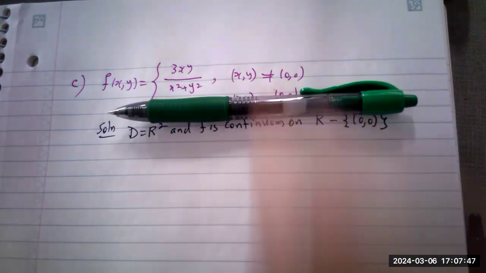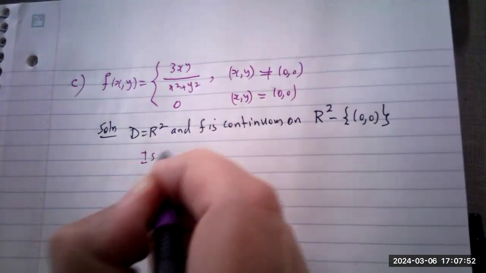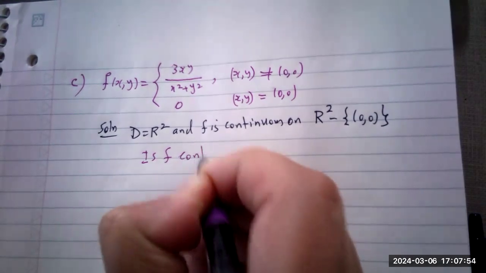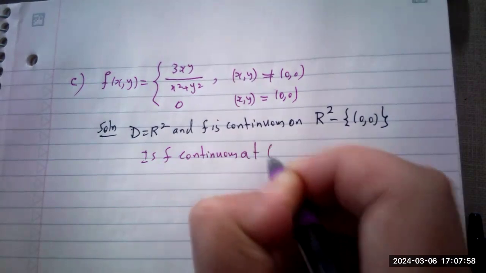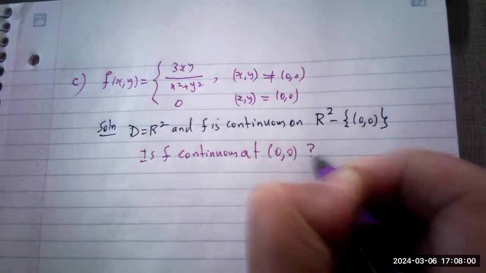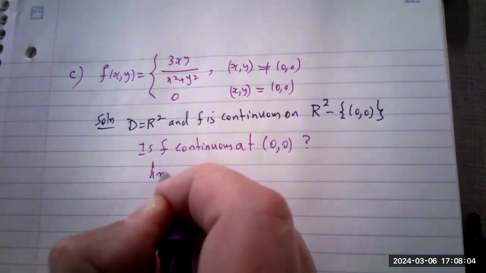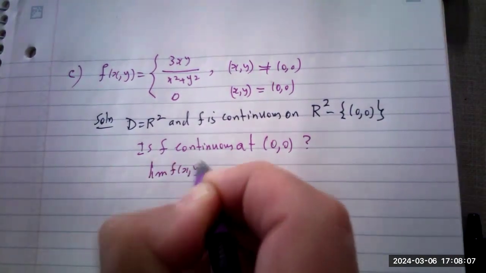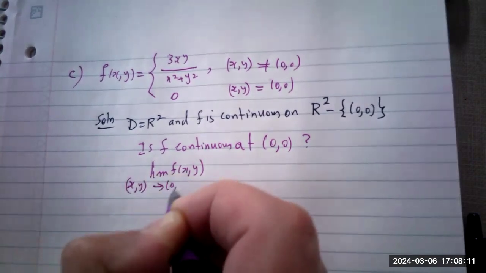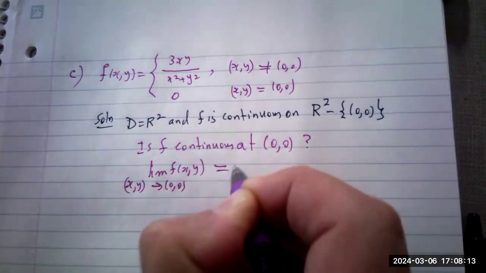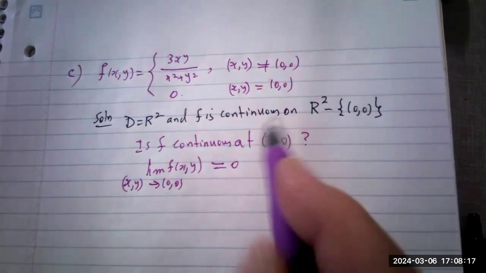But you have to check: is f continuous at 0, 0? This means you have to check whether the limit of f of x, y, when x, y goes to 0, 0, is equal to 0, because f of 0, 0 is 0. So that's the question.